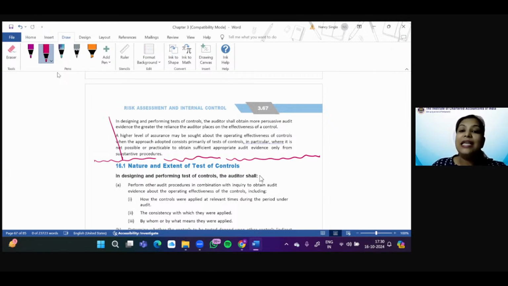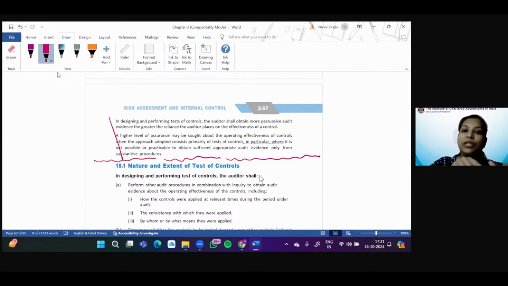But now he's actually deciding his extent of checking of the financial statement. Before that, the auditor will actually test, because in 315 he had only taken an understanding. See, the auditor is giving an expert opinion on the financial statement. Based on his assessment about the internal control and his actual testing, he is going to decide the extent of actual testing of financial statement, that is the extent of his substantive procedures.